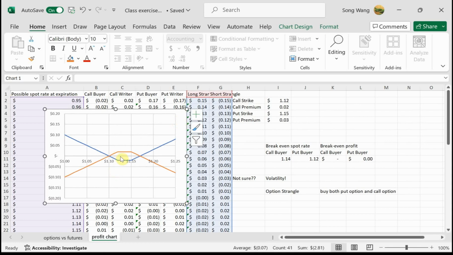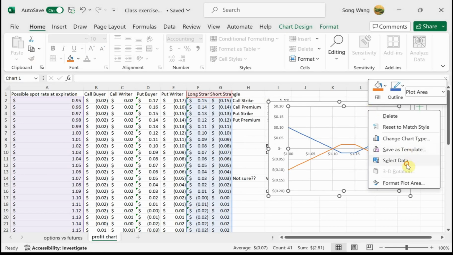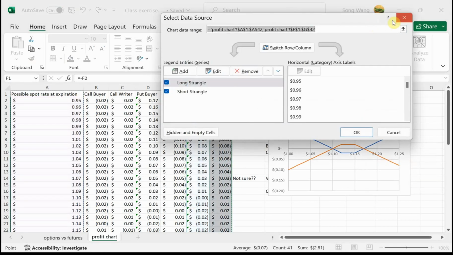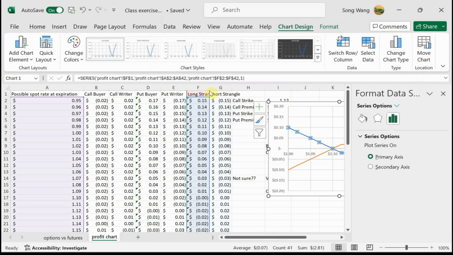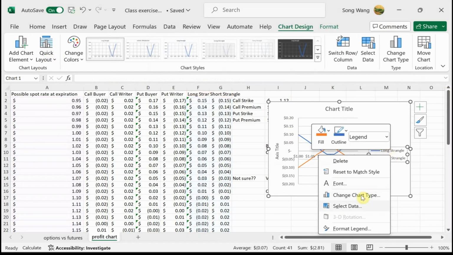So if you think the price is going to be stable between 1.10 and 1.2, and so on, then that's where you make profit. If the price is going higher to the right or going lower to the left, then as a shorter, you will suffer losses from the two ends. You can also edit this a little bit: select data, there should be a quick layout, and just do this format, put the legend at the bottom.